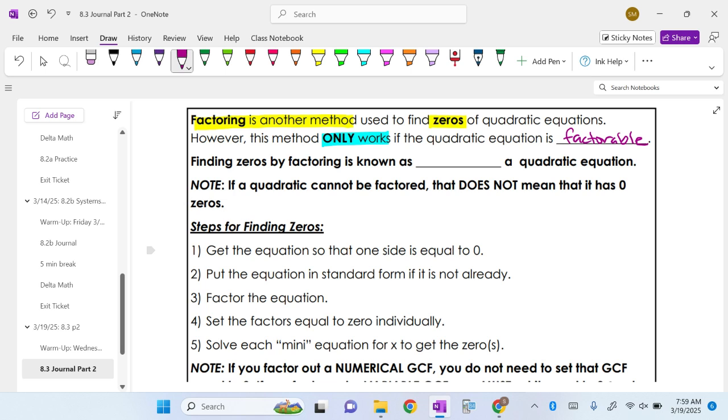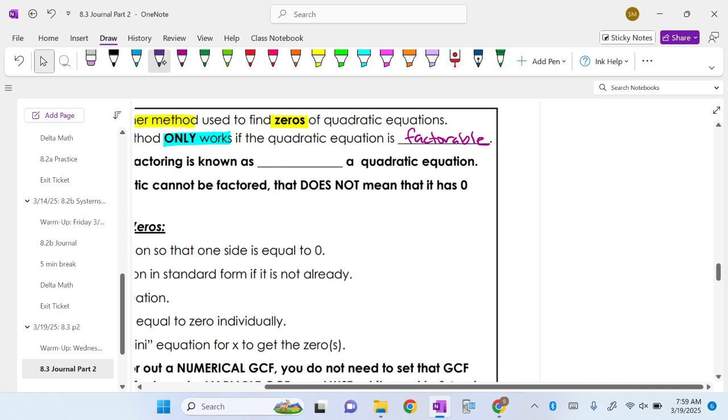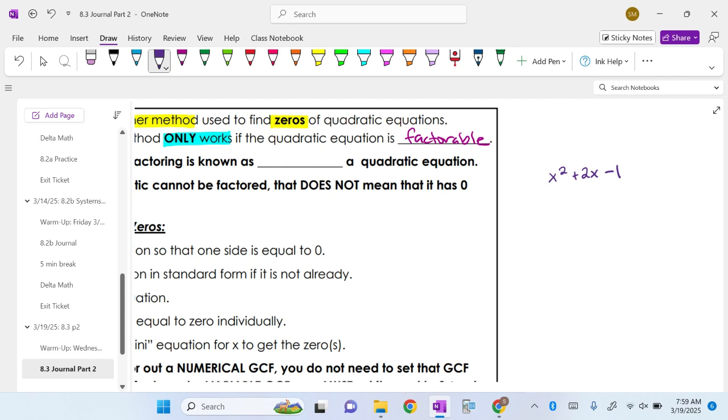What I mean by that is, for example, you don't need to write this part down. Say I had x squared plus 2x minus 1. Can you factor that? So we need two numbers that will multiply to give us -1, but add to give us 2.